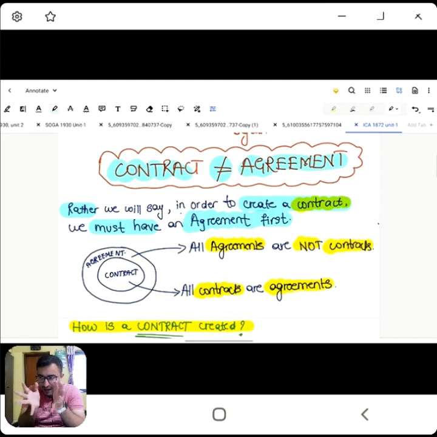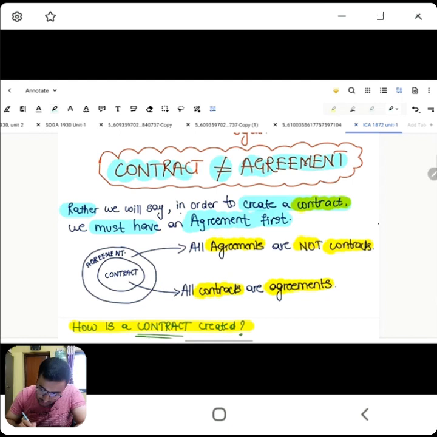Only those cars that reach the destination will get that crown of being called a contract. Therefore, all agreements, that is the cars, may not become contracts, but all contracts necessarily, compulsorily, mandatorily have to be an agreement. In order to become that person who won the crown, you have to first take this role.